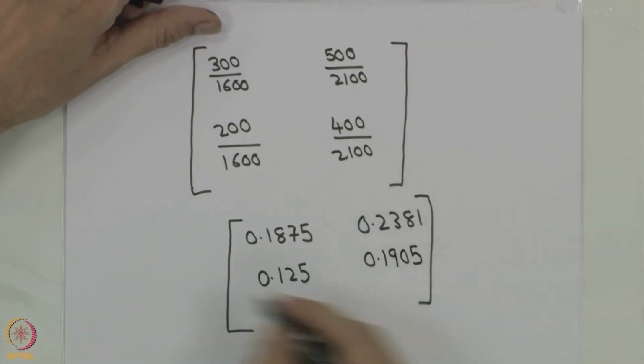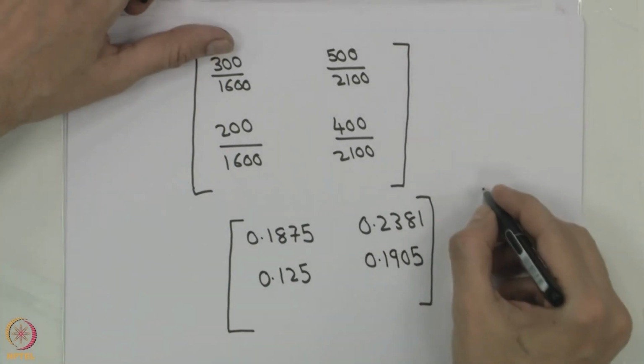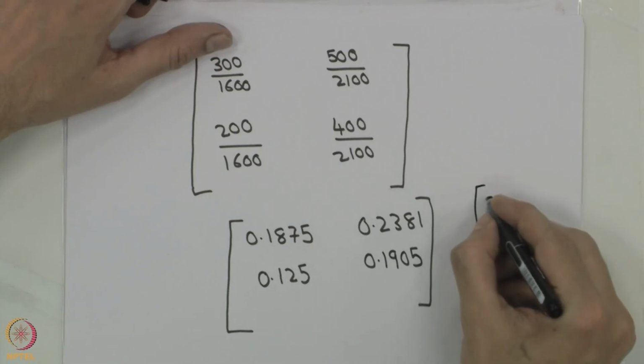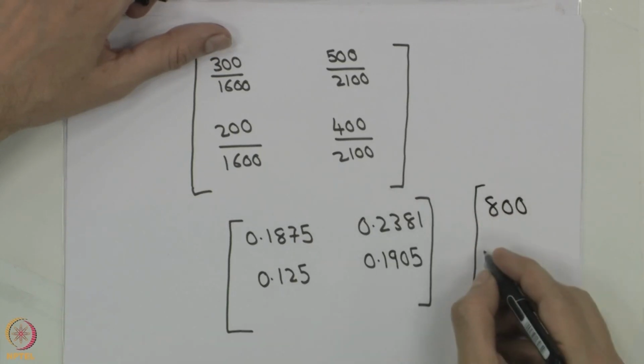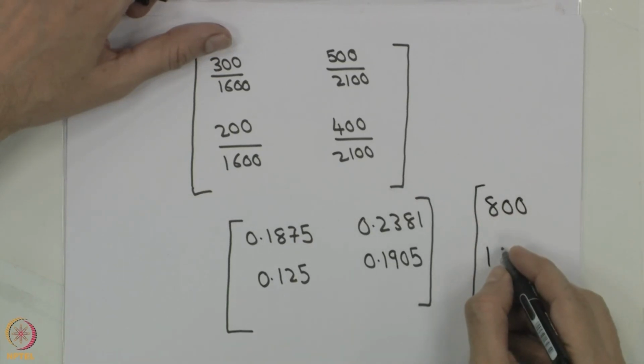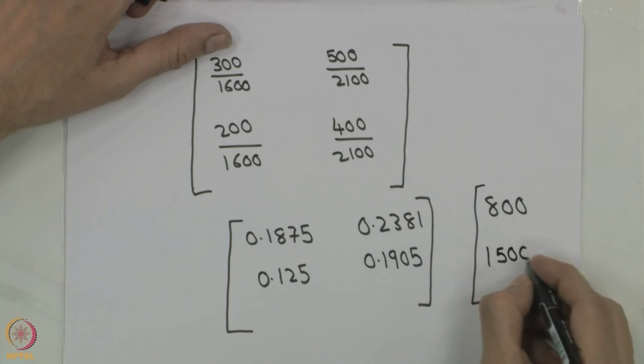This is the A matrix. Remember, the F matrix is 800 and 1500.